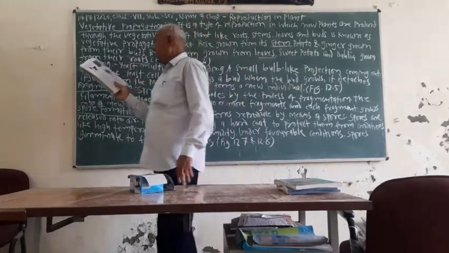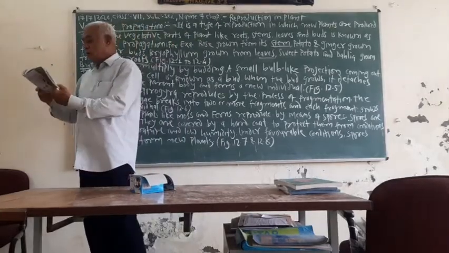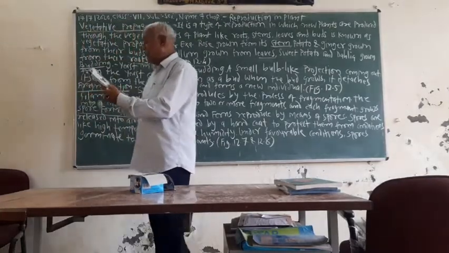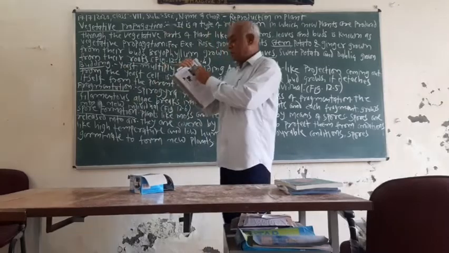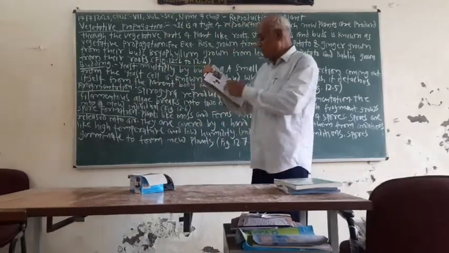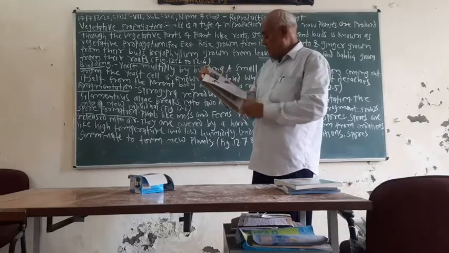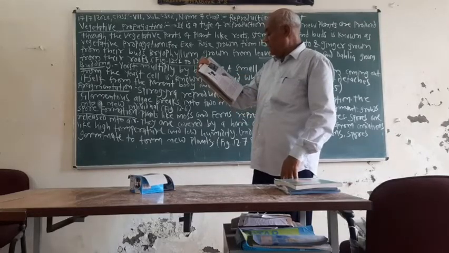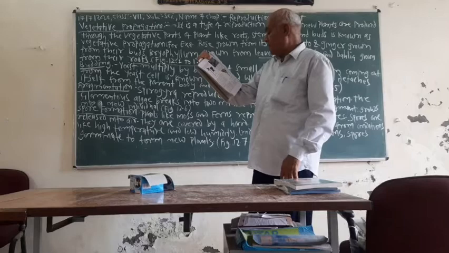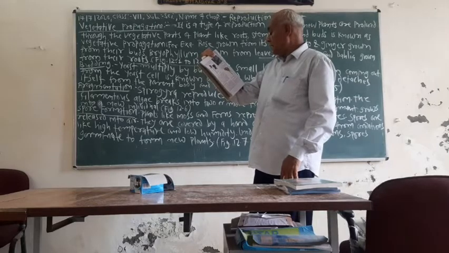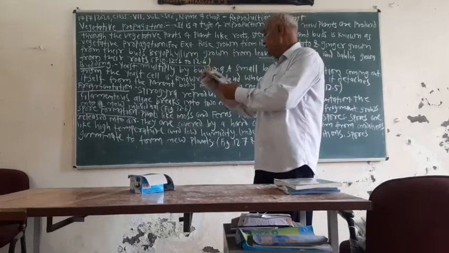In figure 12.2, a potato plant sprouting from an eye of potato, bud formation, and ginger is given in figure 12.3 with new plants sprouting from it.